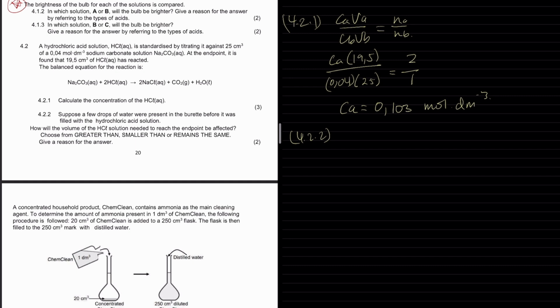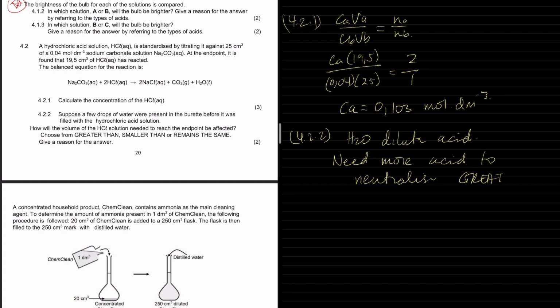Because it's important that they mentioned it was present before it was filled, the H2O is going to dilute the acid. And so you're going to need more acid to neutralize. So the answer there is it's going to be greater.